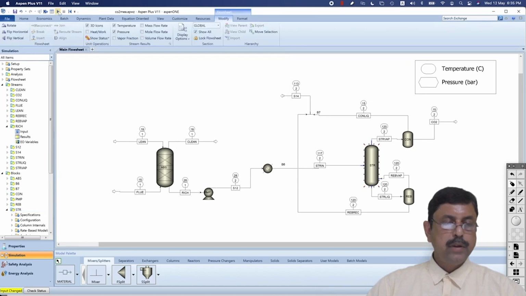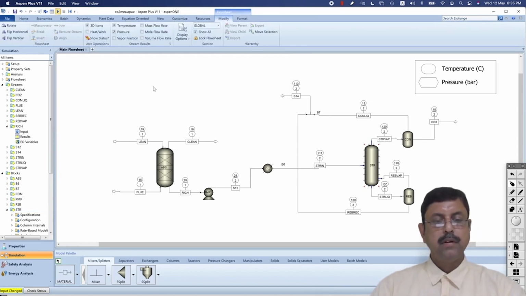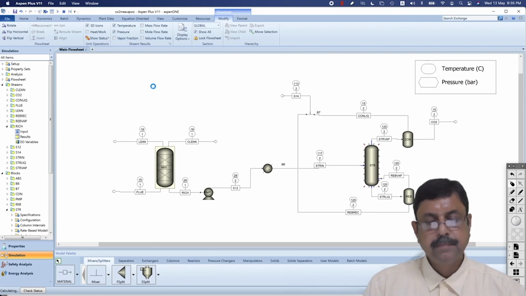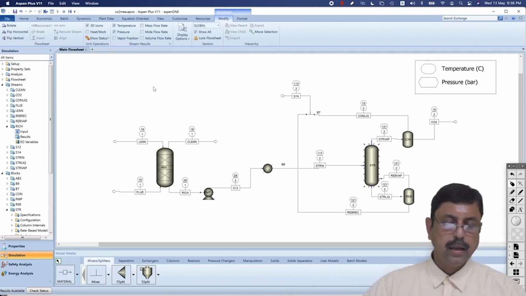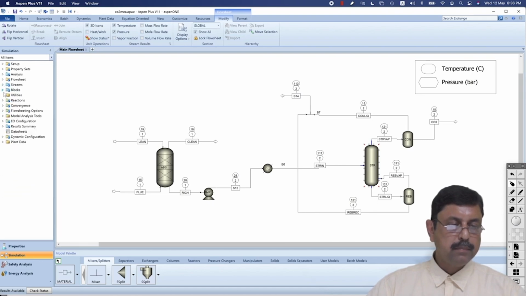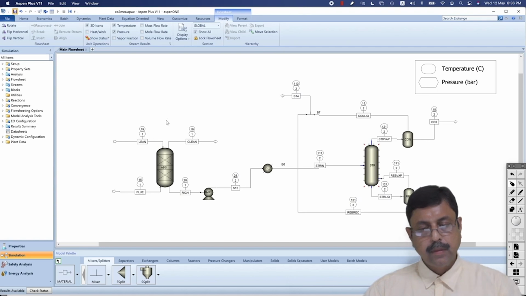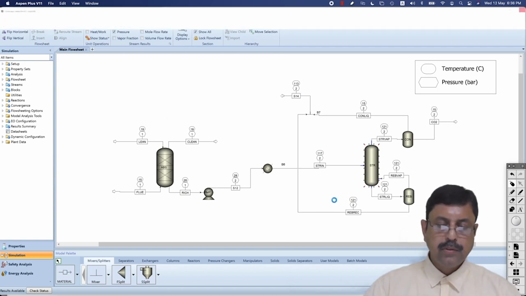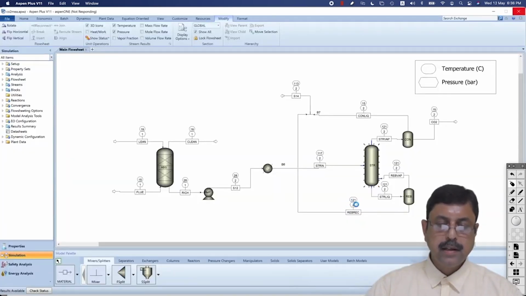And now we have to rerun the system. Okay, so again it has converged. We are happy. It didn't take much time. So we save the result. Now you see the temperature has increased to 121 degrees centigrade. Okay.